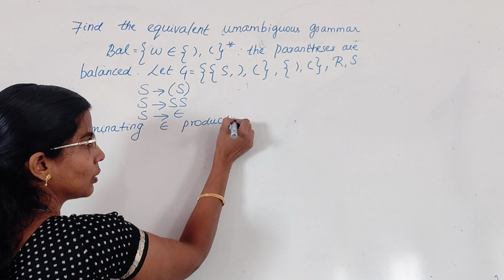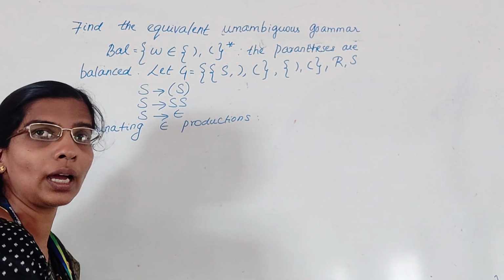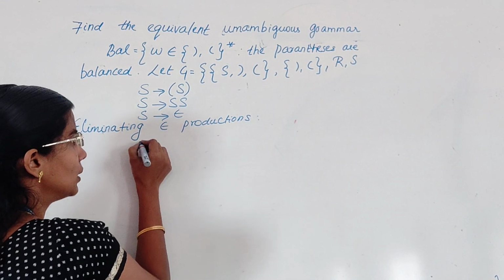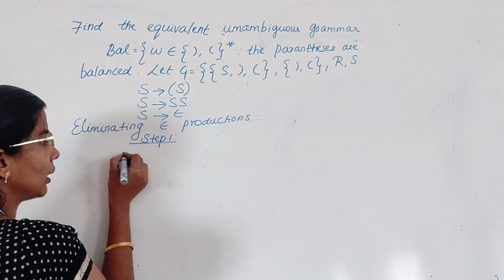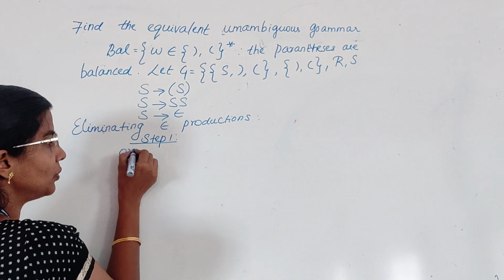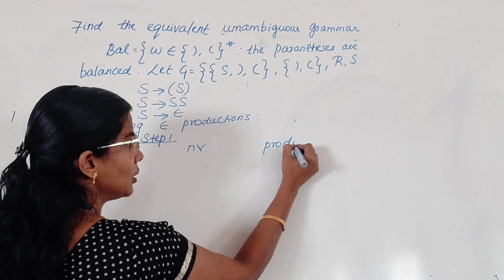I am eliminating epsilon production. Here we have two steps. Step 1 is to make a tabular column with three columns: old variable, new variable and productions.